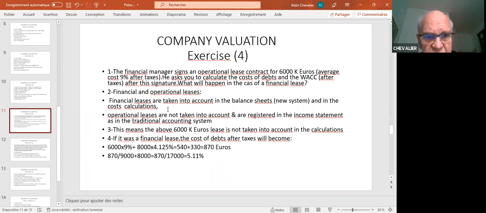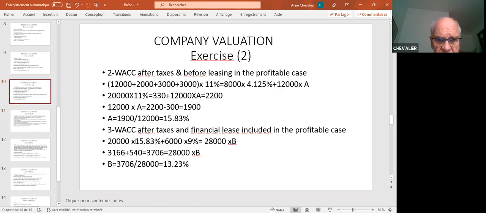Point 3 here means that the above 6,000 euros lease, the first point on the slide, is not taken into account in the calculations. And this is the difference with what we have seen in the preceding case, where we had a financial lease, which is included into the calculation.